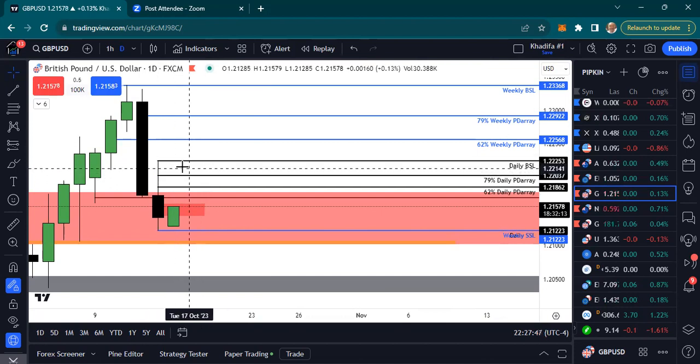But I do not want to see us run the buy side liquidity for GBP USD, right? I want to see us stay below, and I don't want to see us break and close above the 79% daily PD array for GBP USD. I want to see us respect that level, right? I want to see us have an aggressive reaction to the downside off of that level, right?